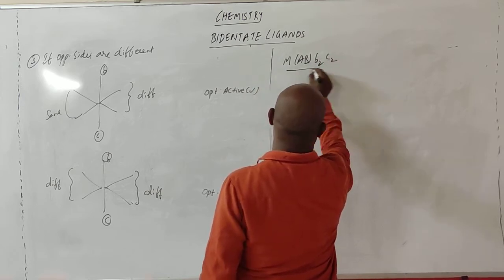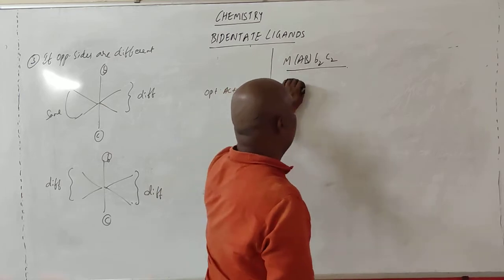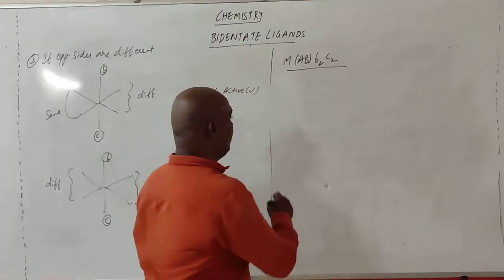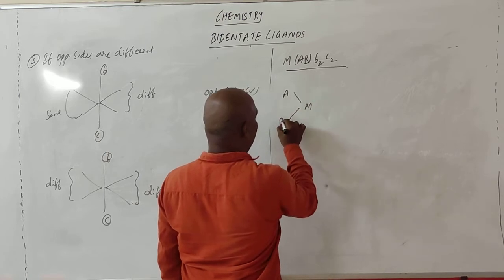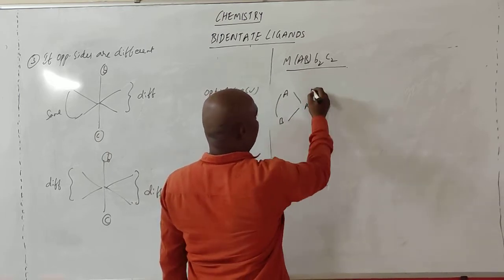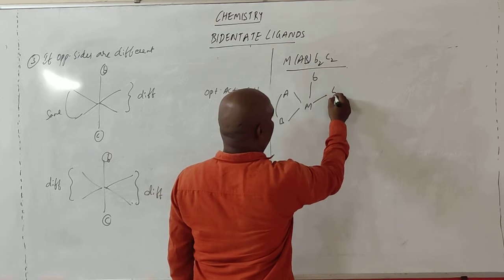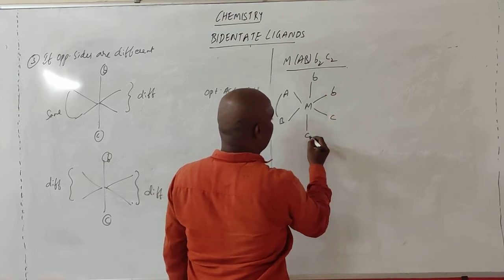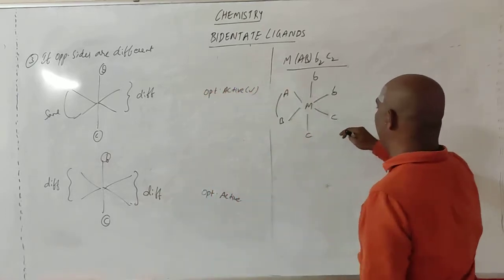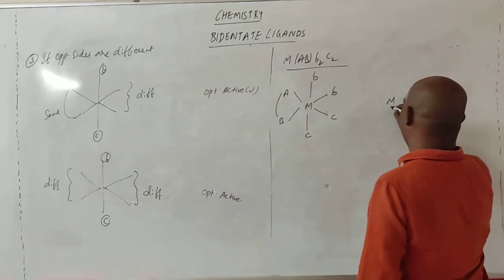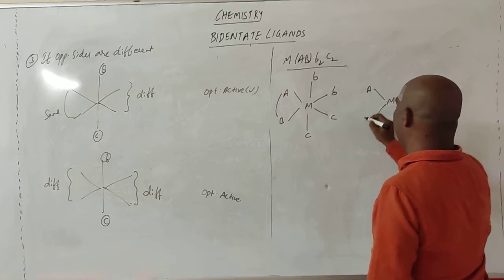B2, C. This is the condition. So go for a drawing of structure M. This is AB. Okay, this for length. Next it is BB. C. Okay. Now BC are there. Now you take the same M. This is AB.